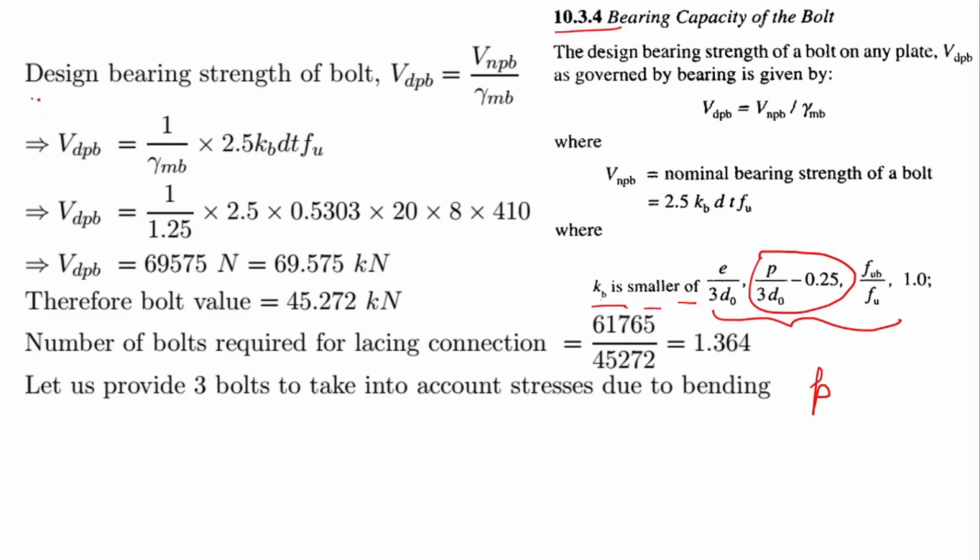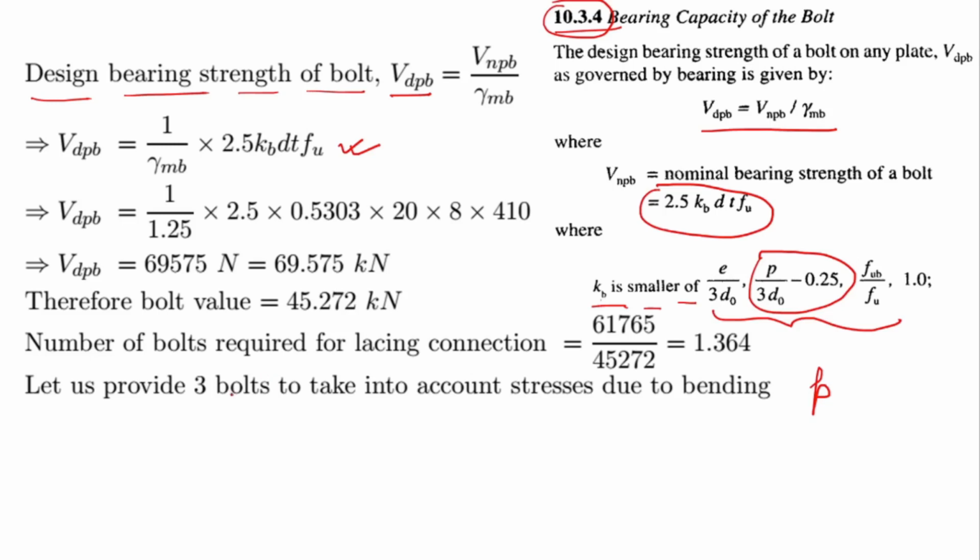So for design bearing strength of the bolt VDPB, we have to follow 10.3.4. Here we will get the expression for VDPB. It is equal to VNPB by gamma MB. Again VNPB, which is the nominal bearing strength of the bolt, has this expression. So finally the design bearing strength of the bolt has the expression 1 by gamma MB into 2.5 kb d t Fu.